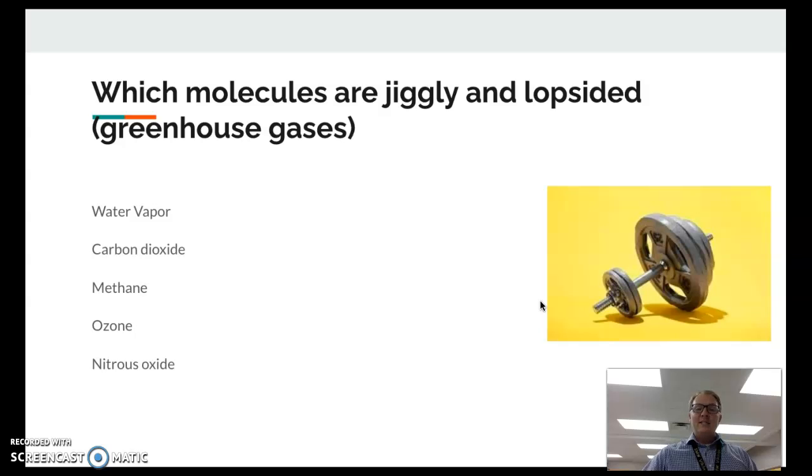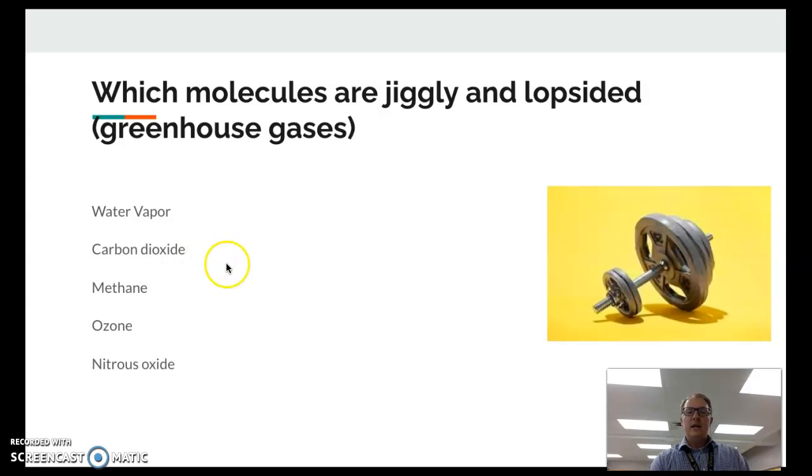The greenhouse gases in our atmosphere are listed here. This is not a complete list, but this has the main ones: water vapor, carbon dioxide, methane, ozone, and nitrous oxide. The two most abundant are right here, water vapor and carbon dioxide. Remember, carbon dioxide does not make up a huge percentage of our atmosphere, but it has a pretty big effect on the temperature when it comes to the greenhouse effect.